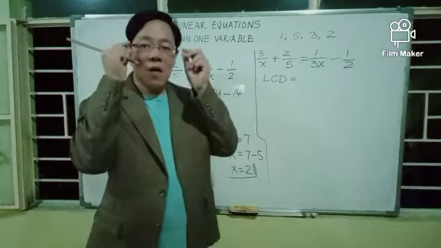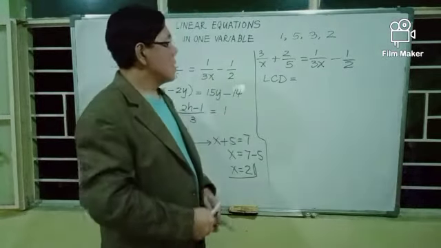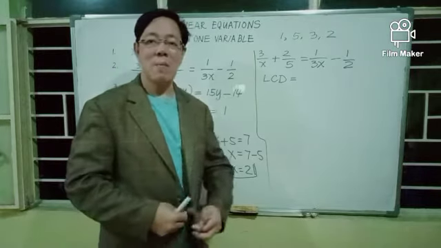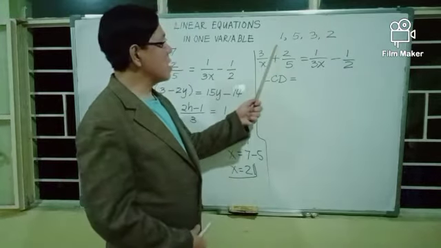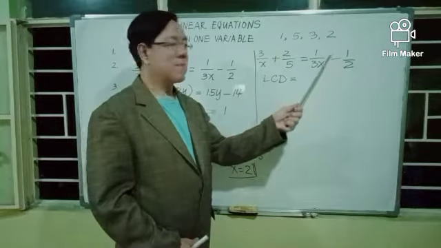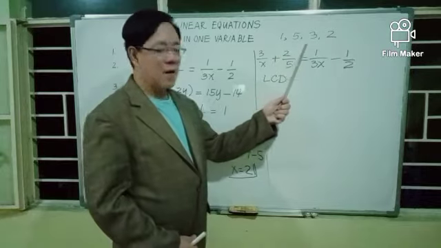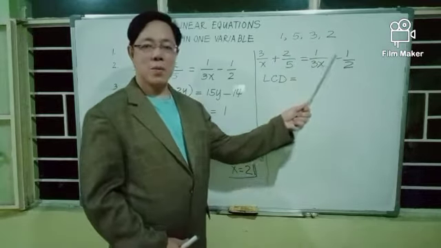The LCD of these numbers is the smallest or the lowest or the least number that can be divided by all these numbers. And the smallest number that can be divided by 1, by 5, by 3, and by 2.